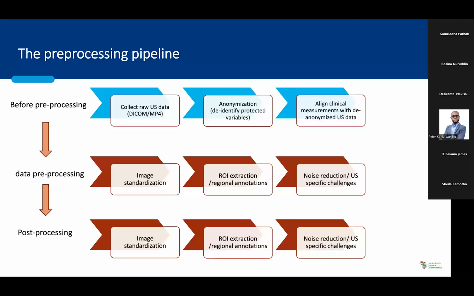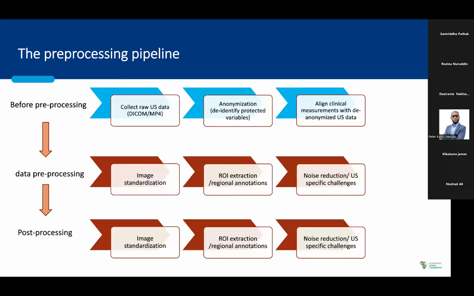So you have to take care to really anonymize those kinds of datasets. You also have to align the clinical measurements. If a radiologist takes the head circumference measurement, you have to pair up the ultrasound data with the clinical labels.